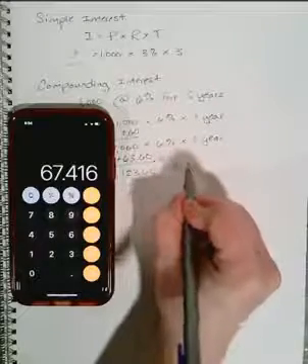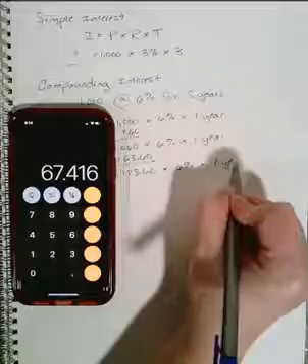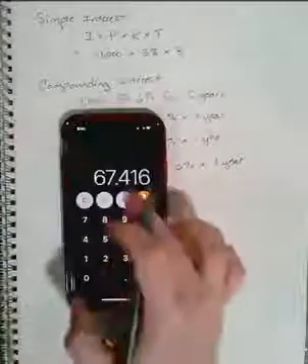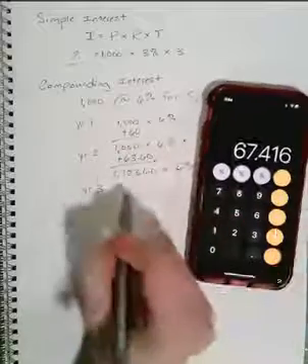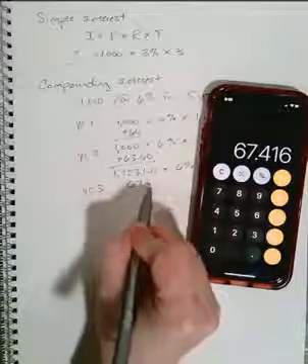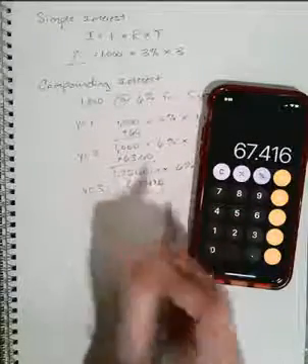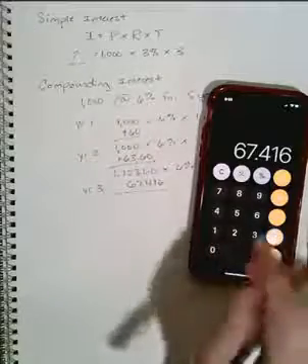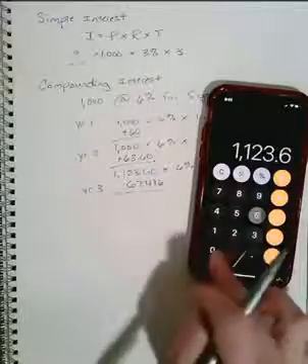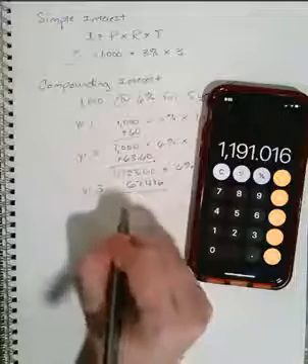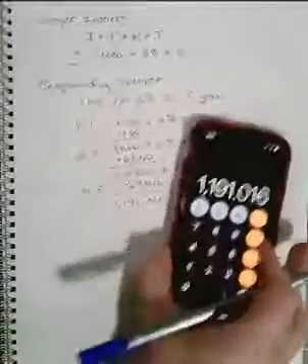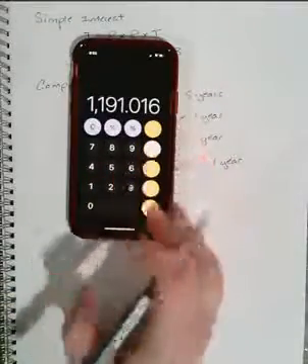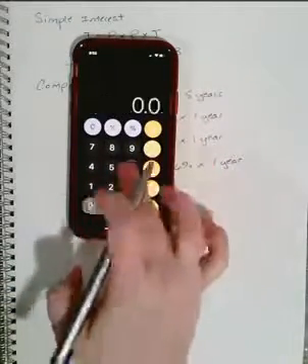Then year three, times 6% times 1 year. So we're going to get some odd cents here, but I'm going to leave it at that, and we're going to add them in, even though normally we'd round that off. So 1,123.6 plus the interest gives 1,191.016. Okay. And then let's do it for year four.